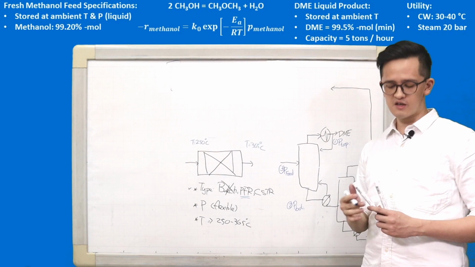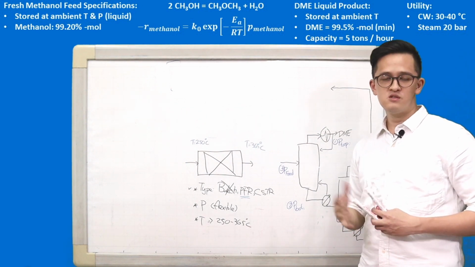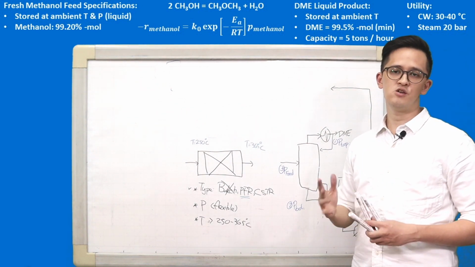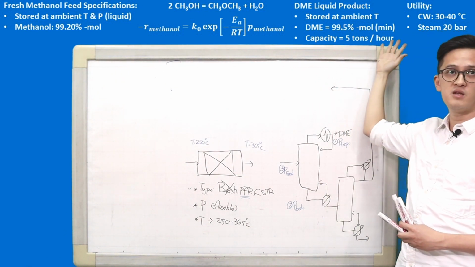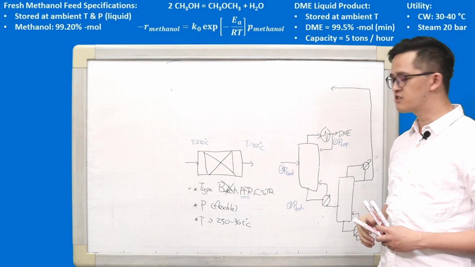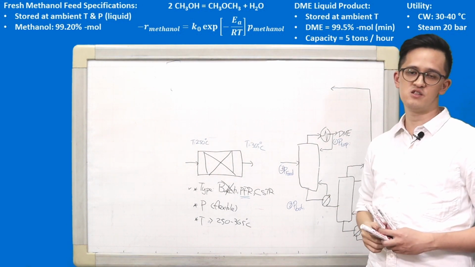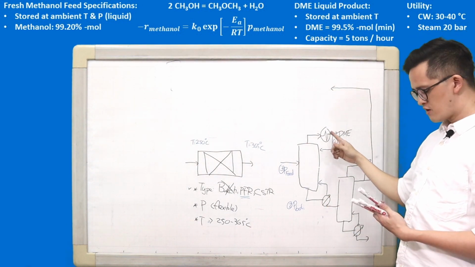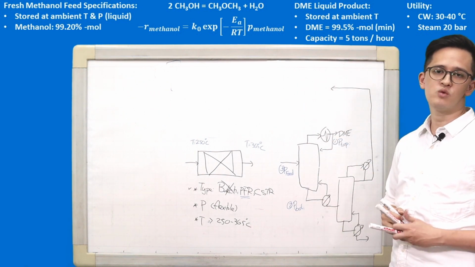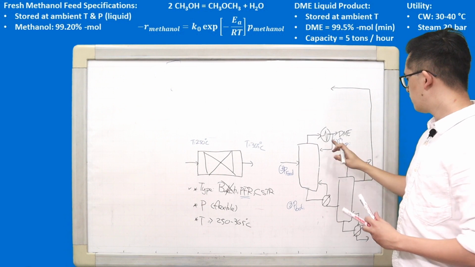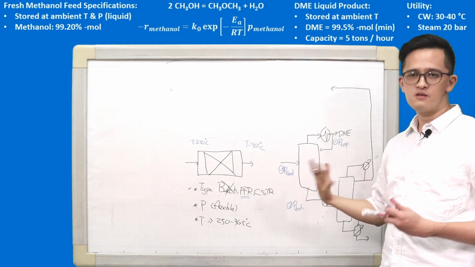Why? Because it's actually very dependent on the utility available in your plant. That's why we provide you the informations about the cooling water availability, which enters your system at 30 degrees C and exits at 40 degrees C. Why? Because you can imagine from this condenser and reboiler, which one requires cooling water and which one requires steam. The objective of condenser is very obvious.